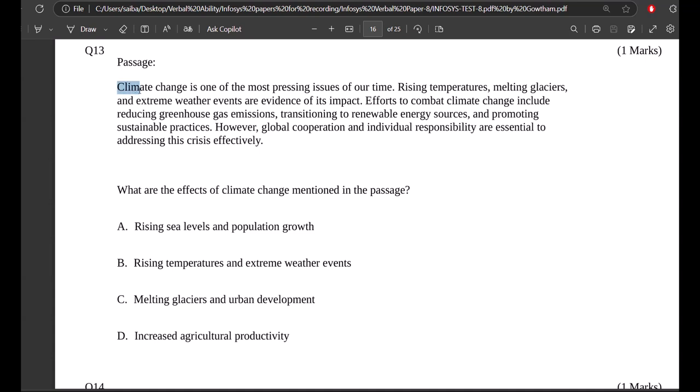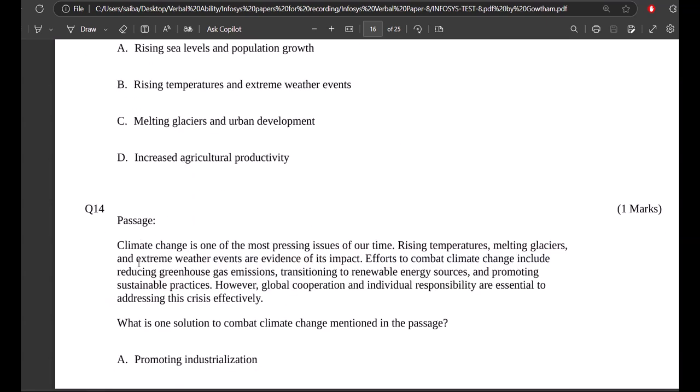Okay, so here if you look at first line, effects of climate change. Climate change is one of the pressing issues. Rising temperatures, melting glaciers, and extreme weather events are the evidence of impact. So this is one of the reasons they have given. So what is that? Rising temperatures and extreme weather events. Okay. Melting glaciers is correct, but urban development is incorrect. So that is the reason we cannot choose option C. Only we can choose option B.